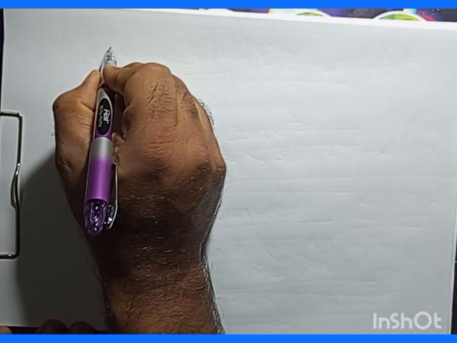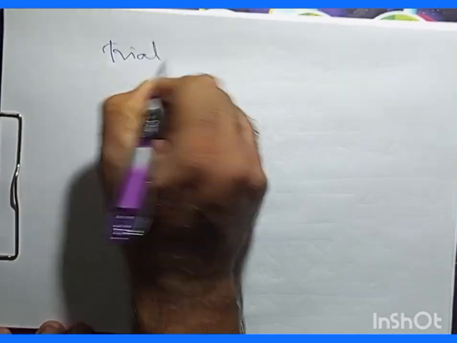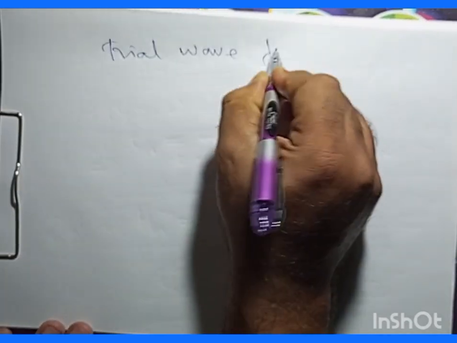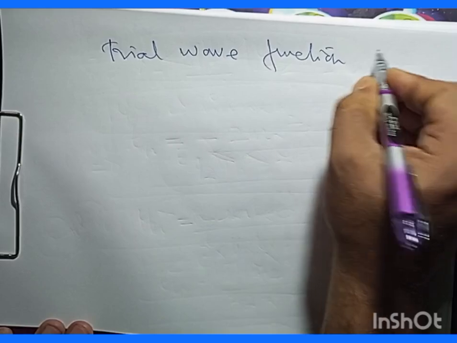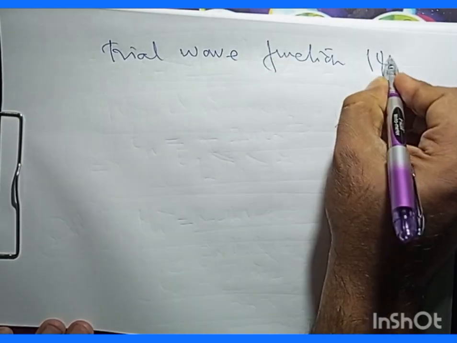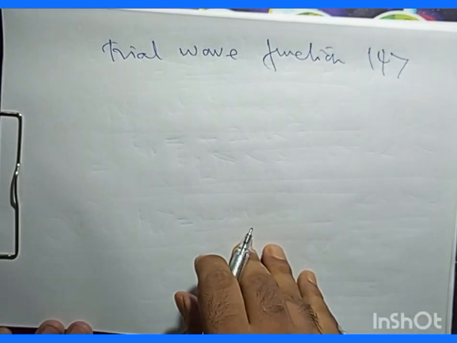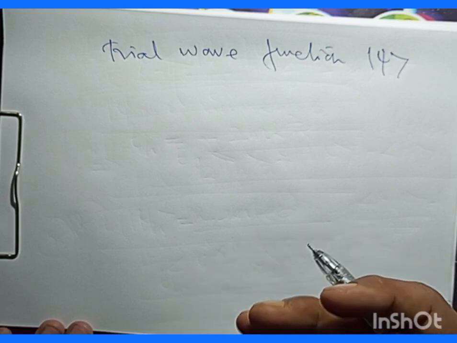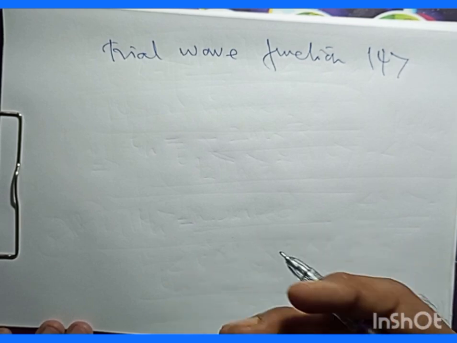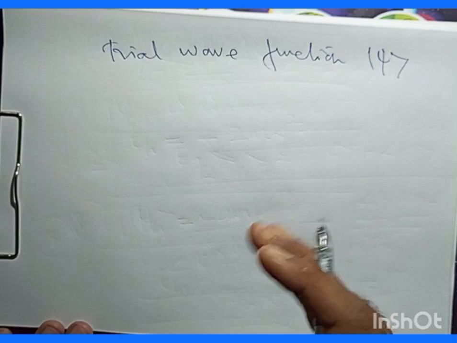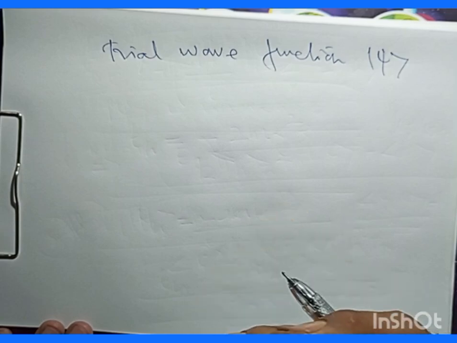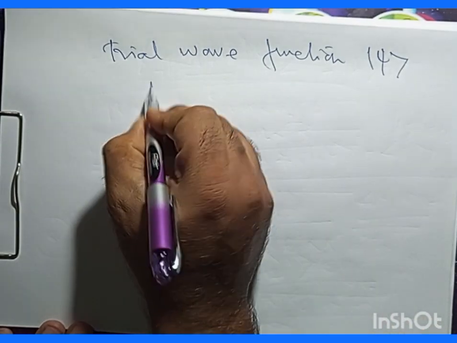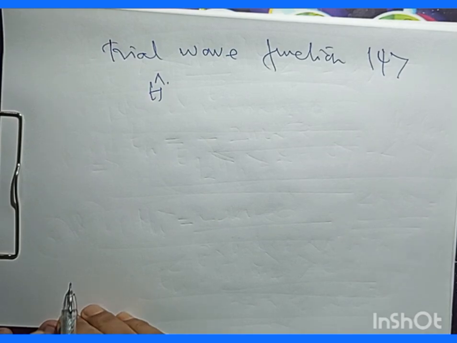So if we take, for example, a trial wave function, let us assume that this trial wave function is psi, and it is assumed to be the linear combination of different exact eigenstates of the Hamiltonian operator.